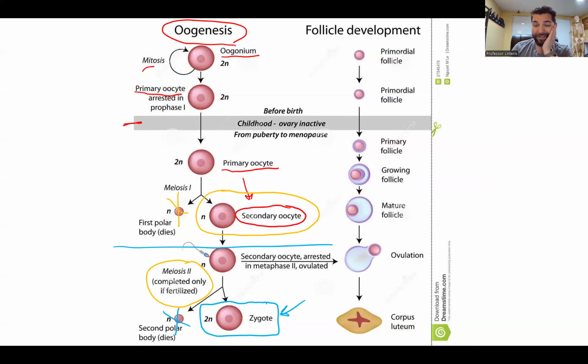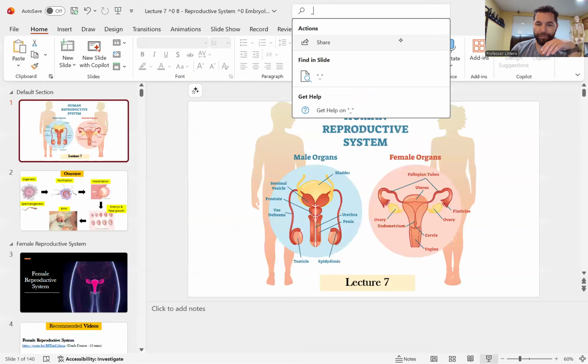But what makes this chart confusing is that it's just one cell. That's just our secondary oocyte. The oocyte is the one egg. However, in the ovary, we have something called follicular development.